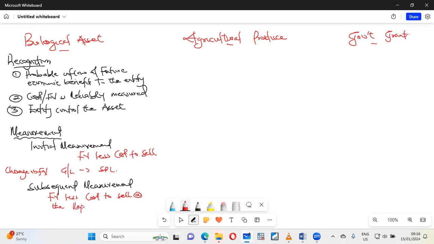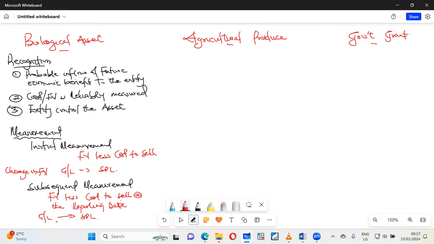At the reporting date, so that if there is change in fair value, any gain or loss will go to where? The SPL. All right, so statement of profit or loss.